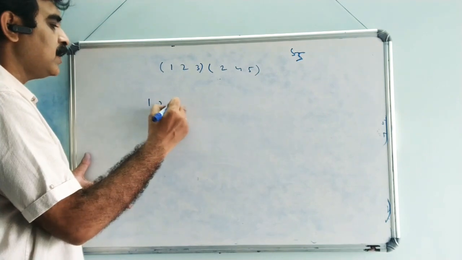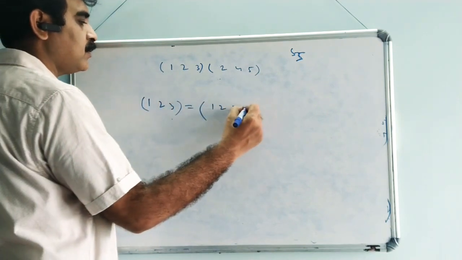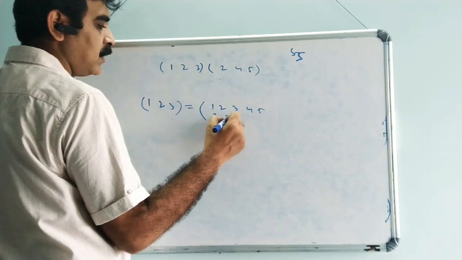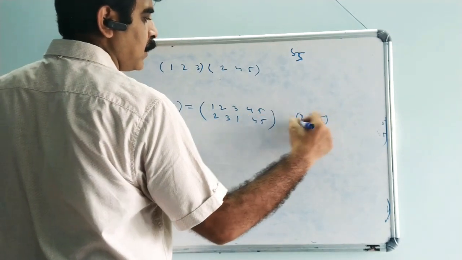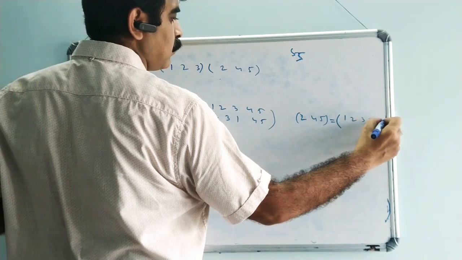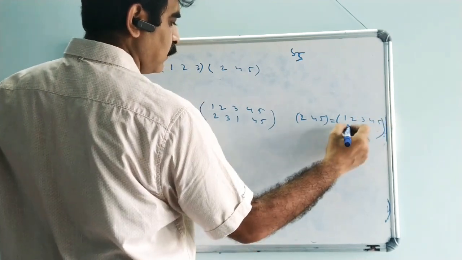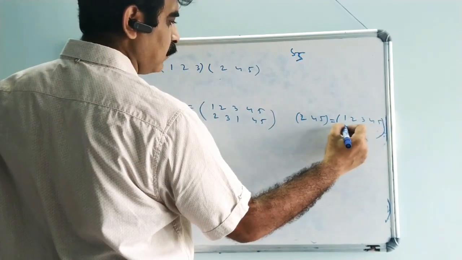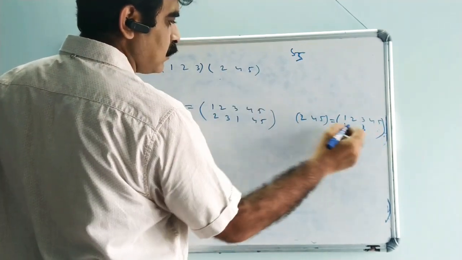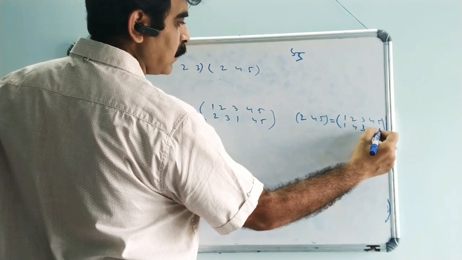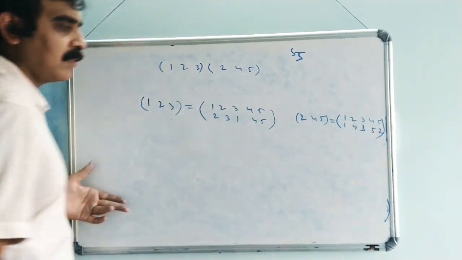Here (1 2 3) in S5 means 1 goes to 2, 2 goes to 3, 3 goes to 1, and 4, 5 stay fixed. And (2 4 5) means 2 comes to 4, 4 comes to 5, 5 comes to 2 again, with 1 and 3 not present.